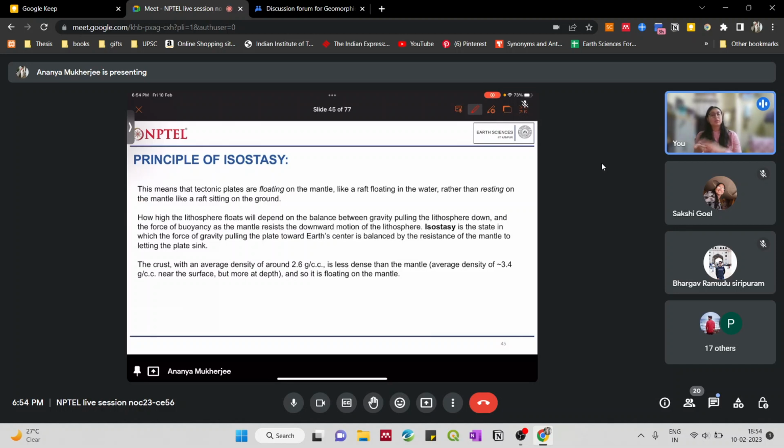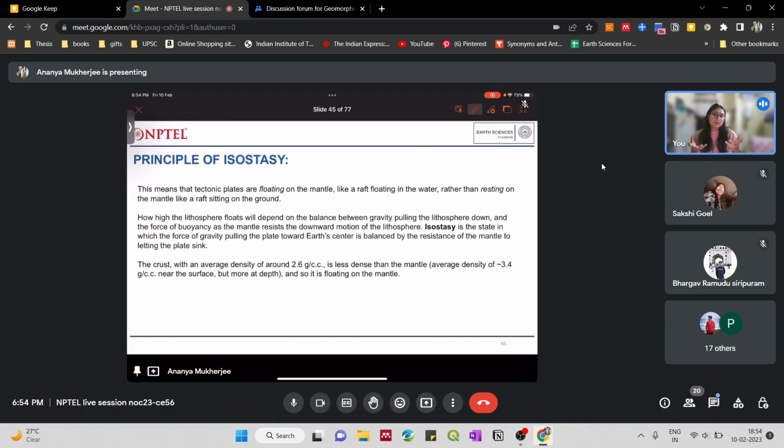It is floating on top of the asthenosphere, the lithosphere if we talk about. But when mountains are building, even though it is a lighter material, the amount of material is still increasing. So that would suggest that it should sink down, but that is not the case.